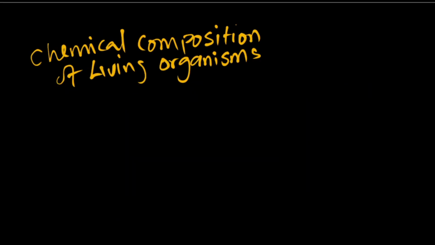So, what can we learn from this information? What can we learn from chemical composition of living organisms? Chemical compositions of living organisms reveal a fascinating truth. I want to point it out. Life arises not from unique elements.